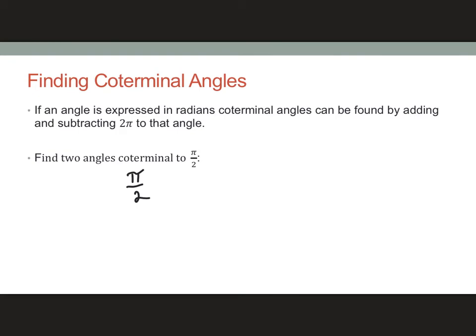So pi over 2 plus 2 pi. You can't just simply add those together. You need common denominators. So we're going to have to rewrite 2 pi as something over 2. We're going to put it over 1 for now and multiply the numerator and denominator by 2. So 2 times 2 pi is 4 pi, and 2 times 1 is 2. So instead of adding 2 pi to pi over 2, we're going to add its equivalent fraction, 4 pi over 2, to it.